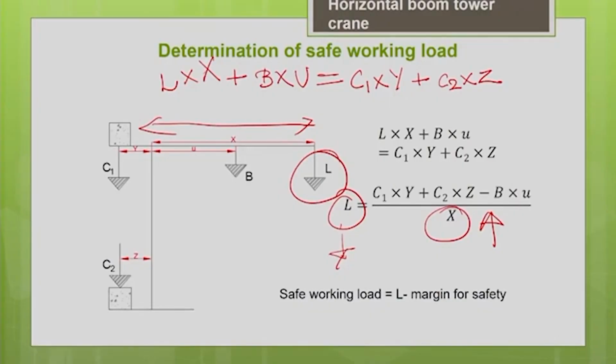When the load line is near the center of the axis of rotation, the crane will be more stable, so lifting capacity is more. When the load line is away from the center, that means when the radius is more, your stability will be less, so the lifting capacity will be less.